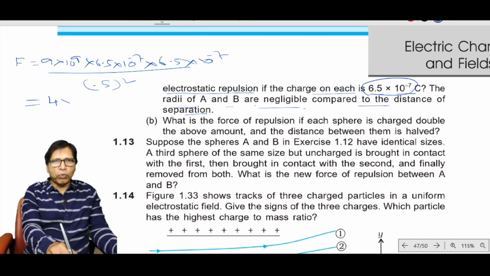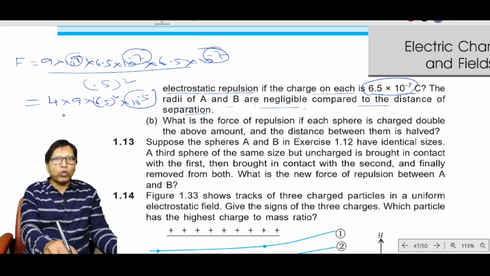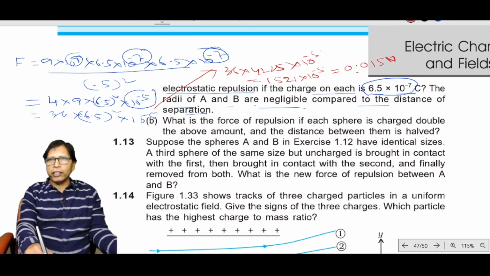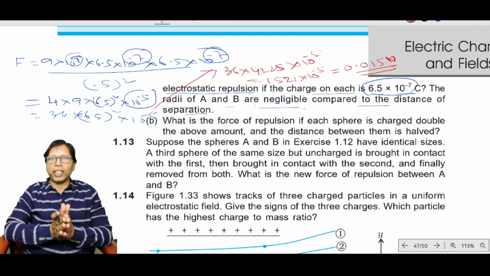So this is 4 into 9 into 6.5 whole square into 10 to the power minus 5, because of 10 to the power minus 7, 10 to the power minus 7 and 10 to the power 9. So this is 36 into 6.5 whole square, which is 1521 into 10 to the power minus 5. So 0.015 Newton is the force of interaction between the two charged particles.